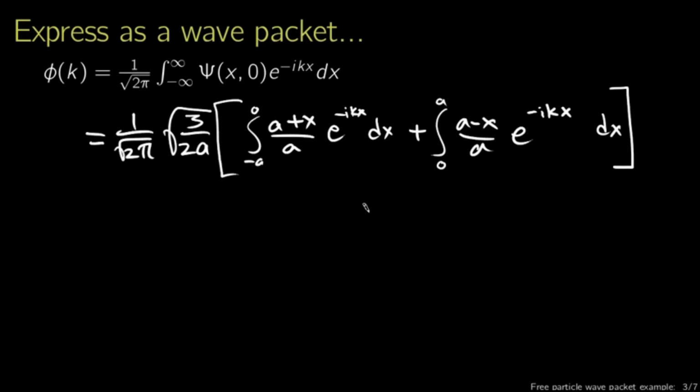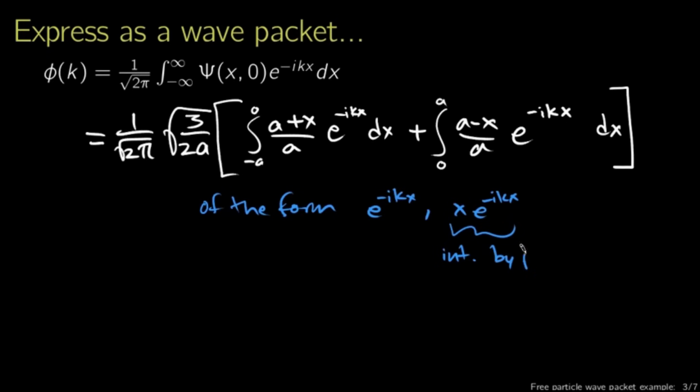These integrals are not as difficult as they might seem, because they're all of the form either e to the minus ikx or x e to the minus ikx. The first can just be directly integrated. The second is a candidate for integration by parts.